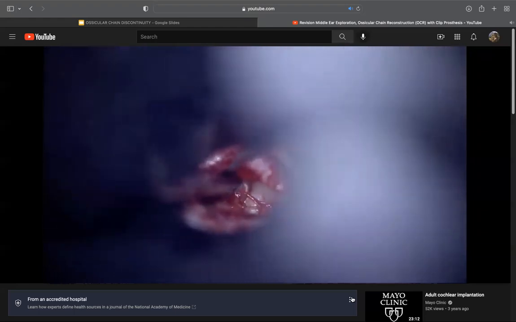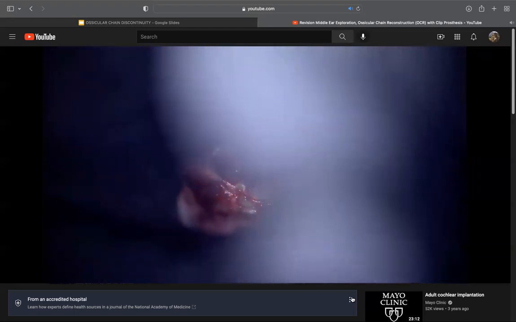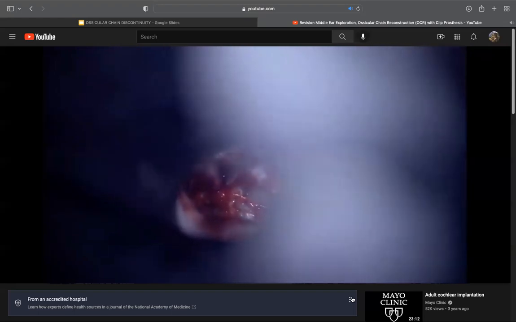When you're using these prostheses that couple to the superstructure, they're less likely to become displaced even with trauma or hitting your head. So they're beneficial from that standpoint. You do have to make sure that your superstructure is oriented the right way for them to work. So uncommonly, you can have a superstructure that's tilted very severely inferiorly. For example, it's difficult to attach one of these coupling prostheses in that situation.